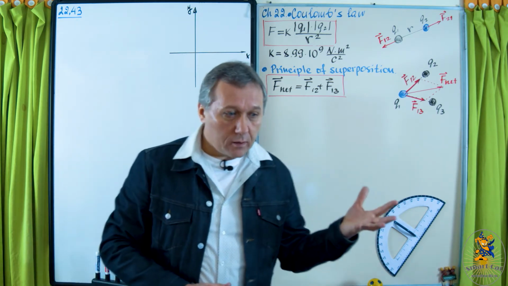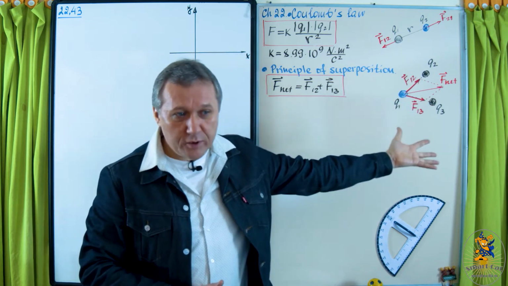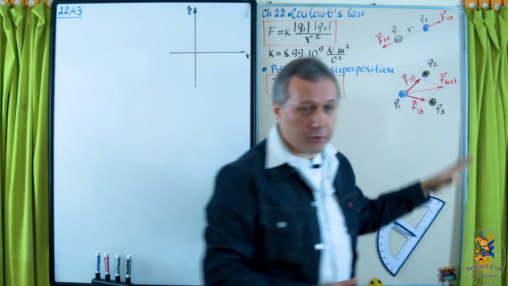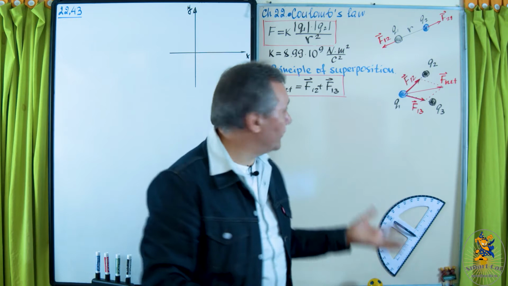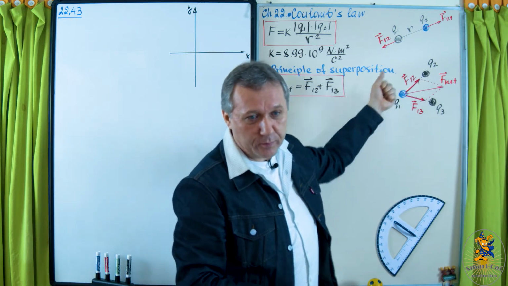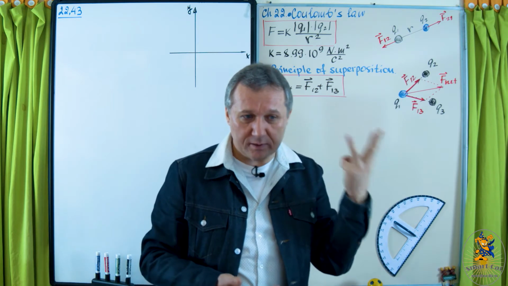Then of course that can be applied for two point charges. But what if you have more than two point charges, for example three, like in this case, Q1, Q2, and Q3, and of course they all interact? Let's find the net force on the charge Q1, this blue one. We'll have to make three steps.